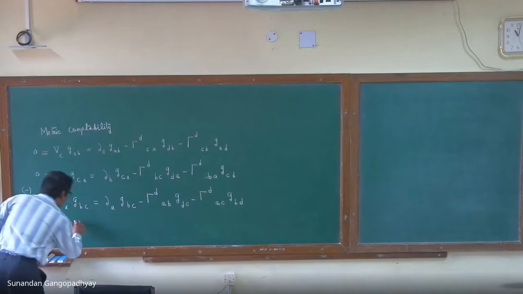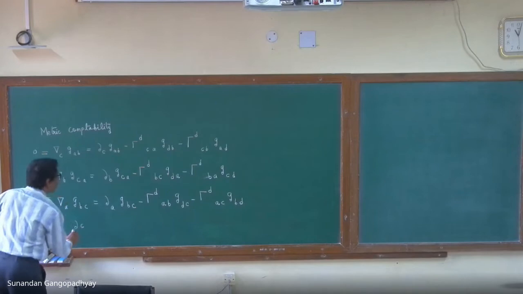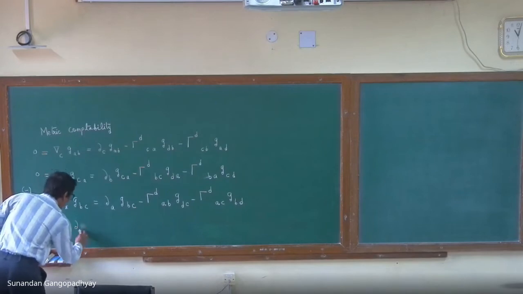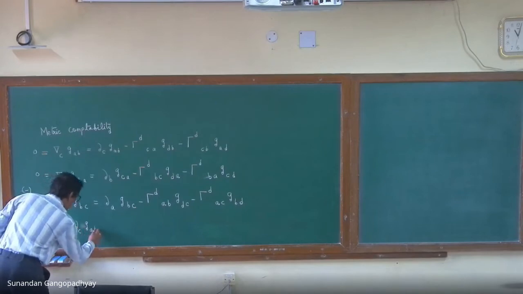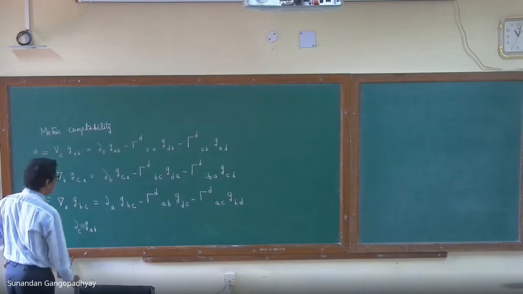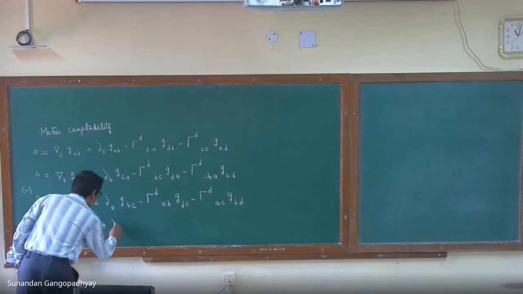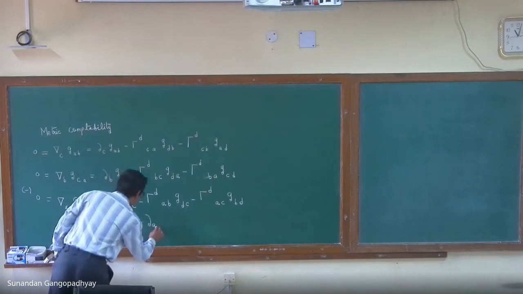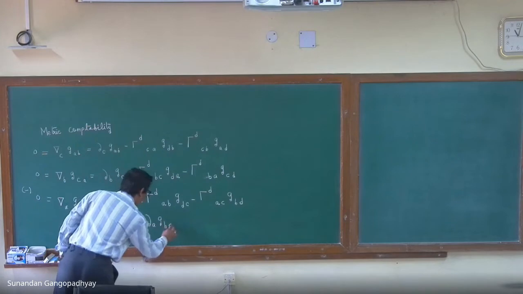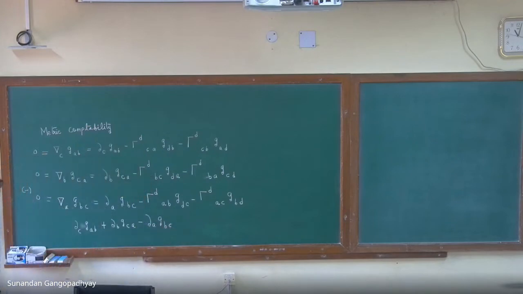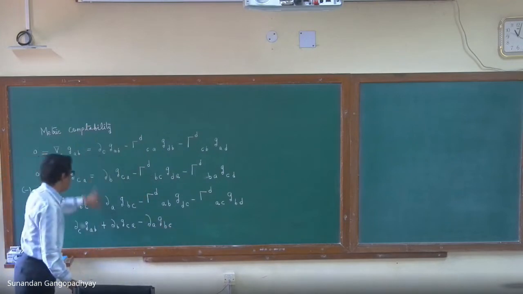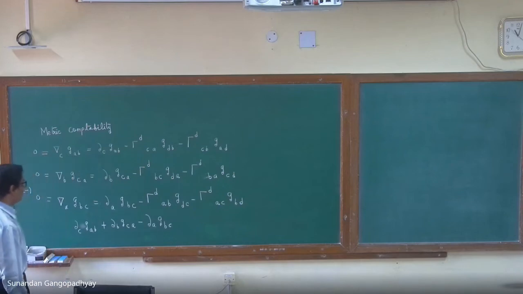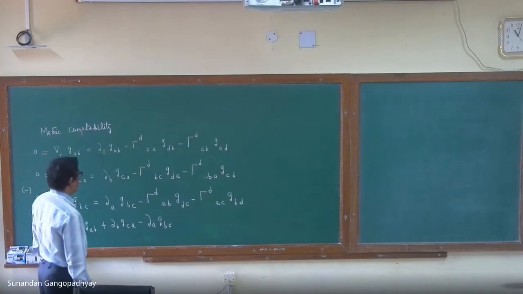So what we shall have is del C g_AB plus del B g_CA minus g_BC.